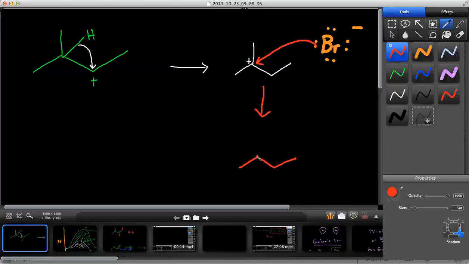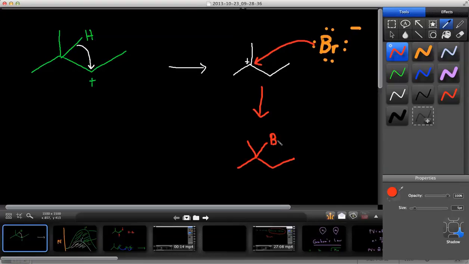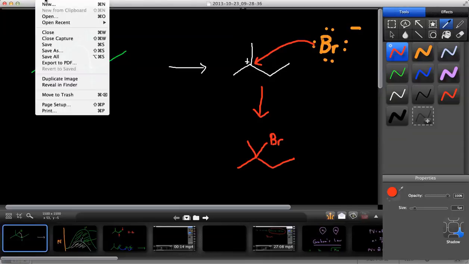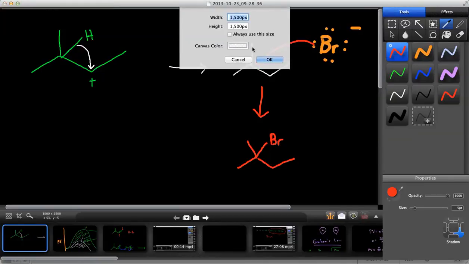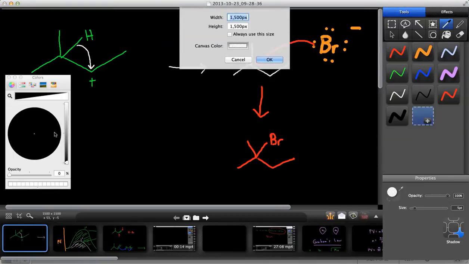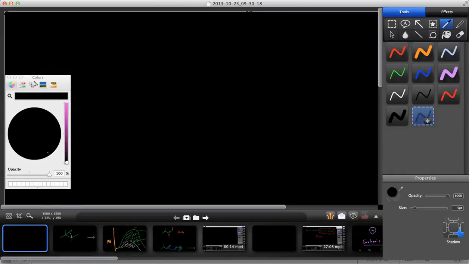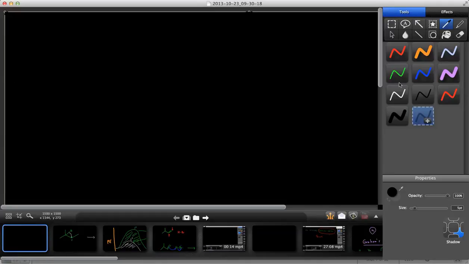And now this leaves us with a tertiary alkyl bromide. We can map this on a potential energy diagram. And I think really you should get in the habit of doing this for every mechanism that we learn from this point out.